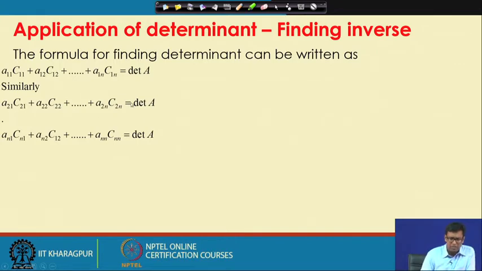gives the determinant. Therefore, if there is an n by n matrix, we get n equations, one for each row, where the right hand side in all the cases is the determinant.